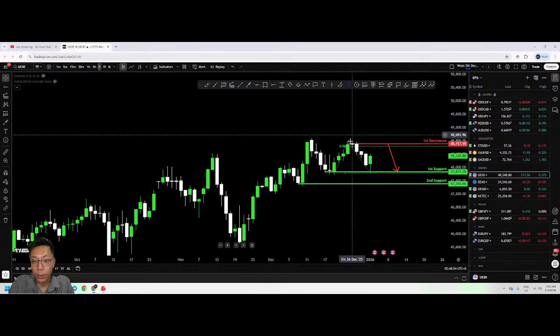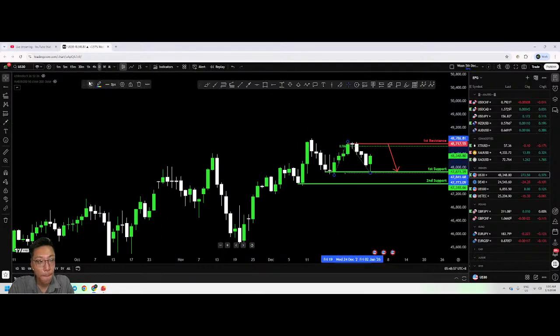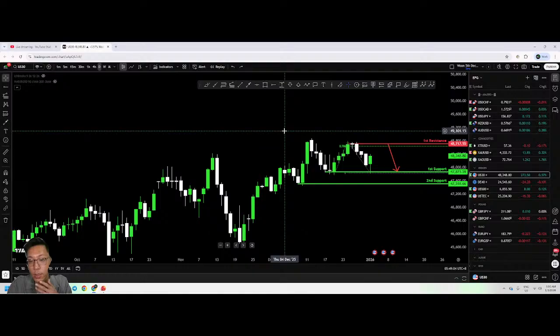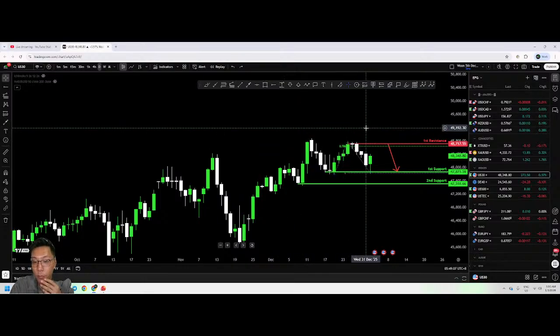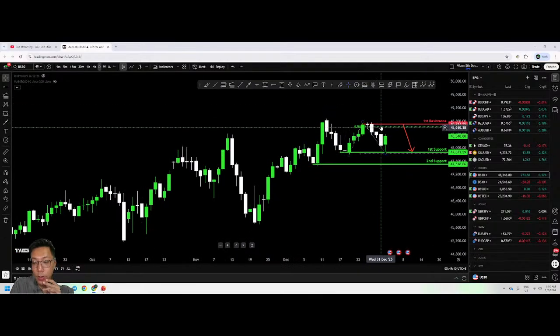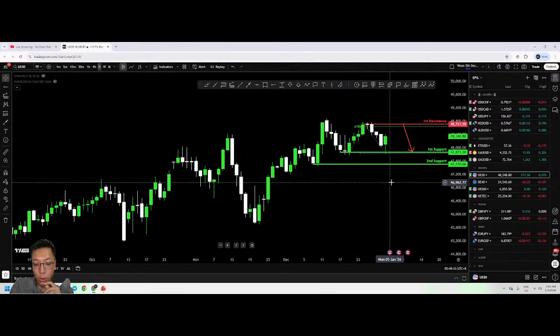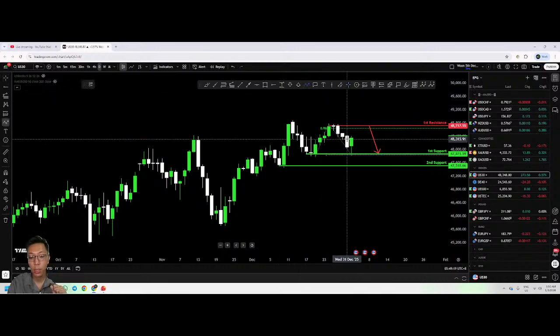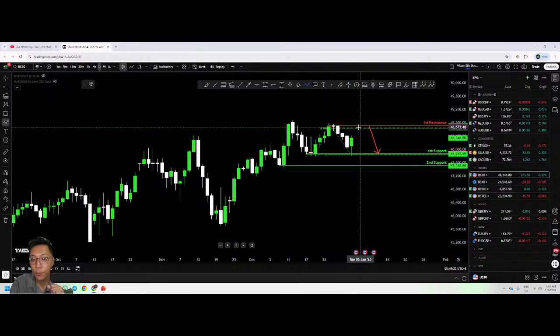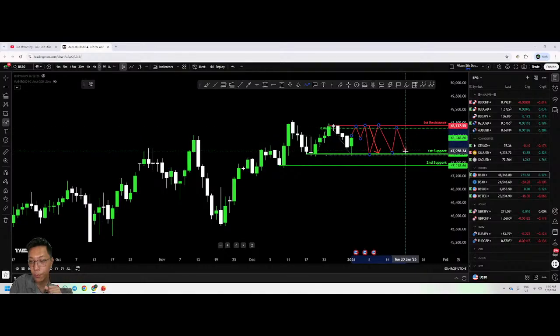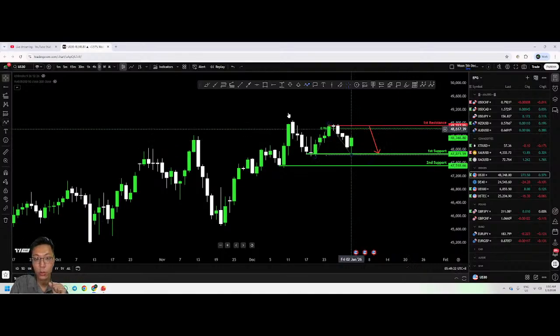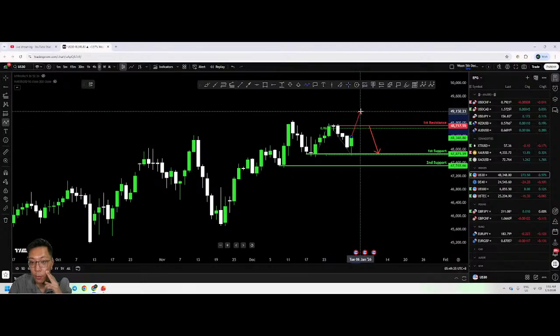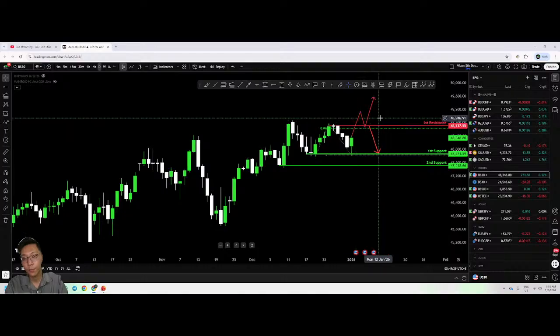Then the next thing is, let me see. Just this first resistance, I think it's fine. Because price is at an all-time high, you can't really know where price might go. It might continue to trade within this zone, or it could break above and go past.